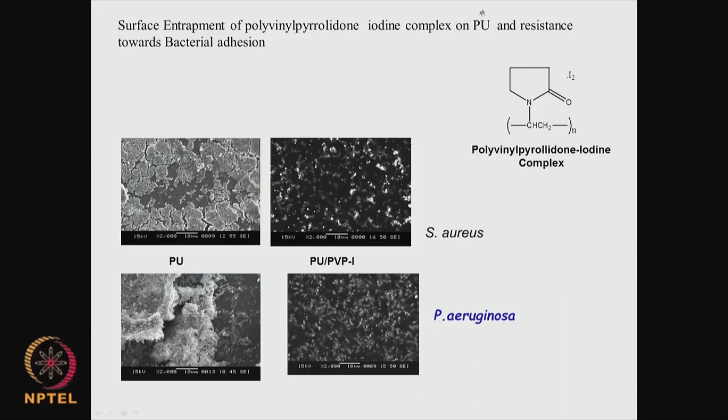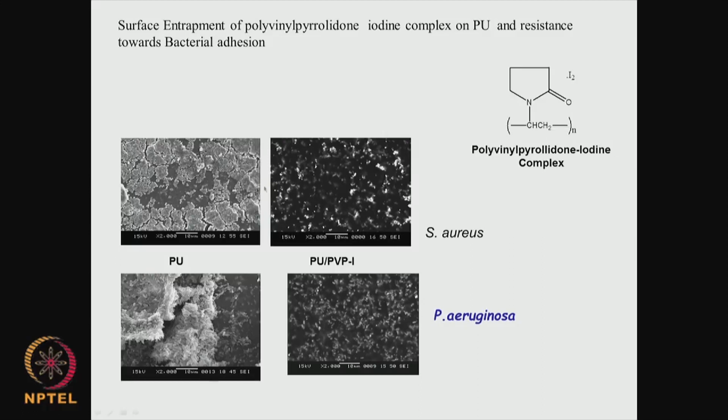So, we have a polyurethane surface and we have immobilized polyvinyl pyrrolidone iodine on that, and as it keeps releasing iodine, we looked at the biofilm. As you can see, this is the polyurethane without any changes. This is the polyurethane which has this PVP iodine complex entrapped or coated on it.